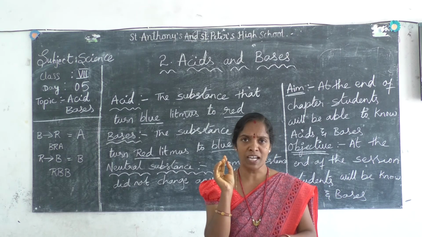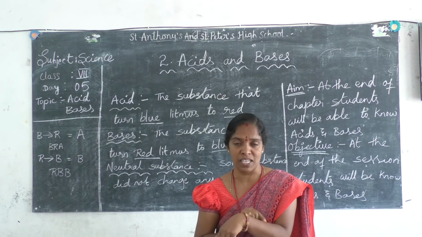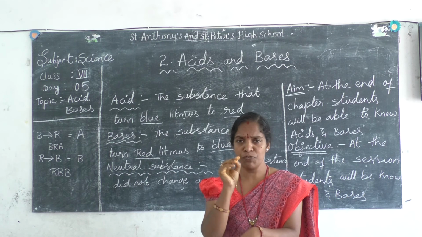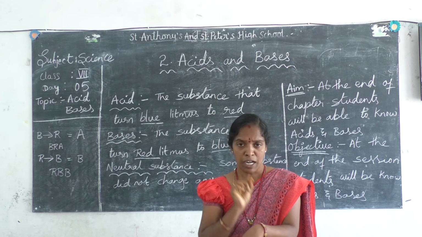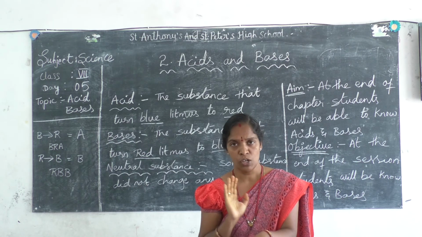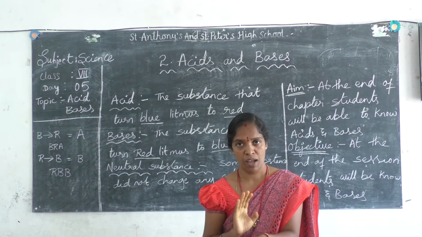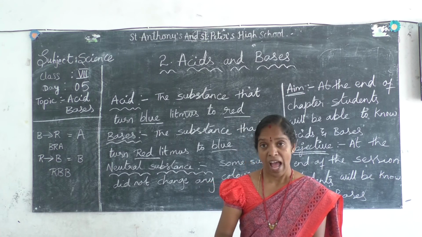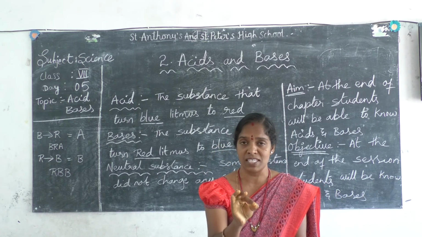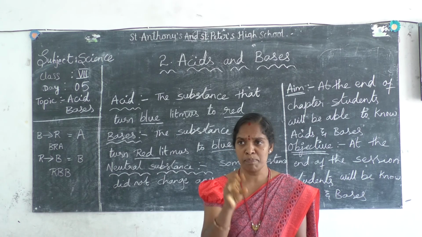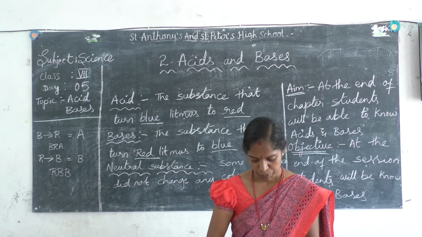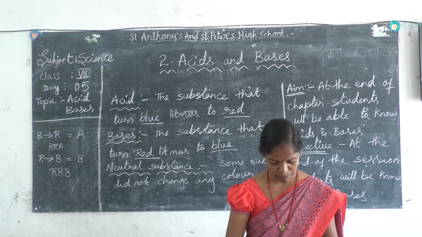If you apply a little bit of shampoo to that, it will become neutral and you will get some relief from the pain. In the ant's mouth there is natural formic acid, because of which we feel burning, swelling and itching.